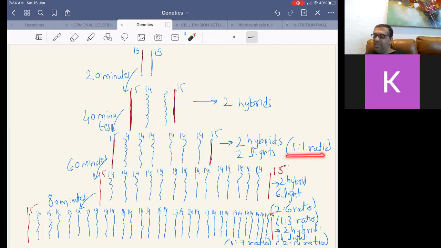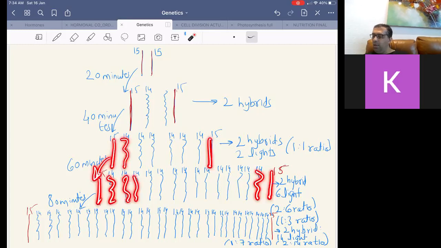Okay, if you multiply after 60 minutes, then what will we get? 15 will get 14, 15 will get 14, but the 14s will get 14-14.